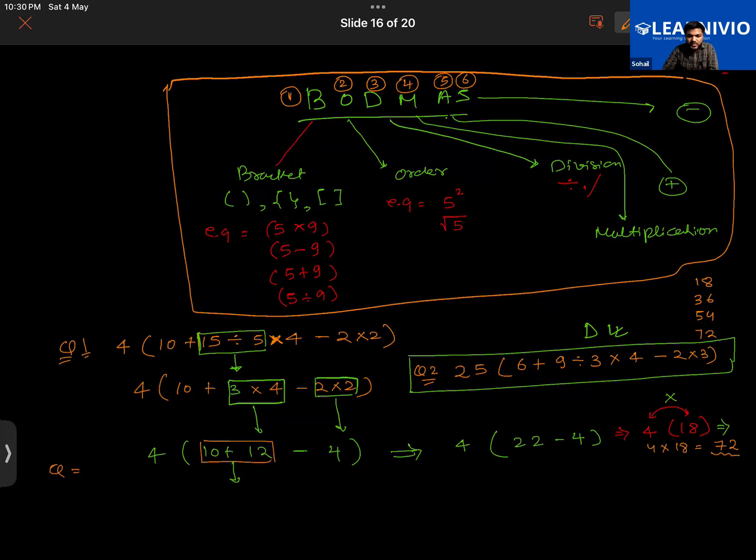Those who have already made the notes, do this question. Do let me know once you are done.